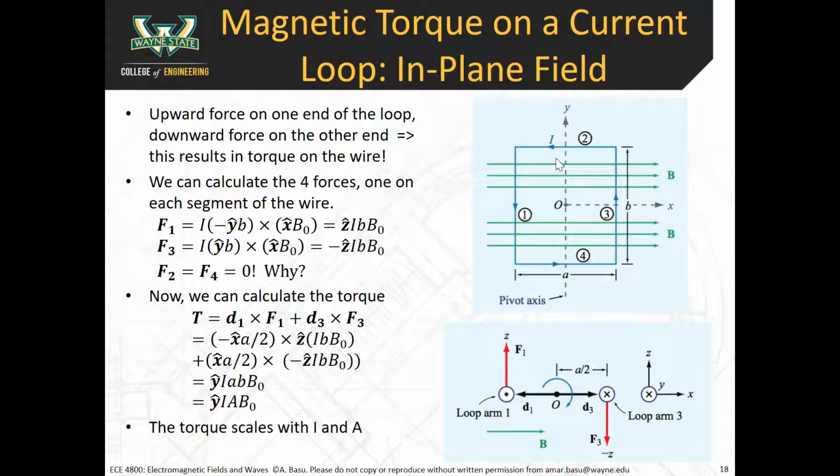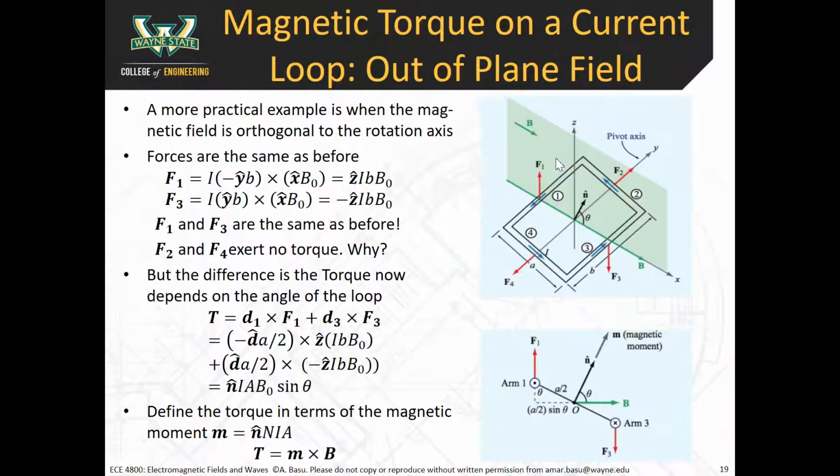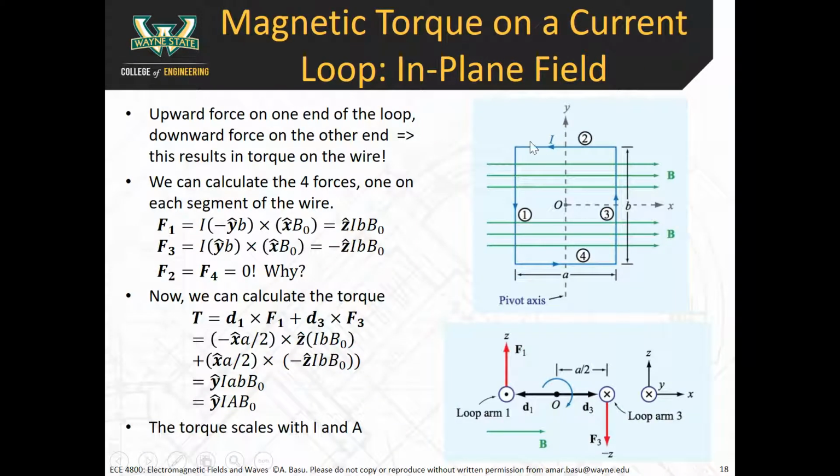Something slightly different happens here, starting with 2 and 4. Segments 2 and 4 actually don't contribute torque, but let's look at what happens. In the previous example, segment 2 was 180 degrees, parallel with B, just in the opposite direction.